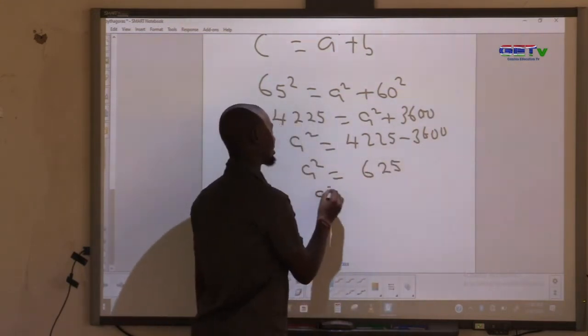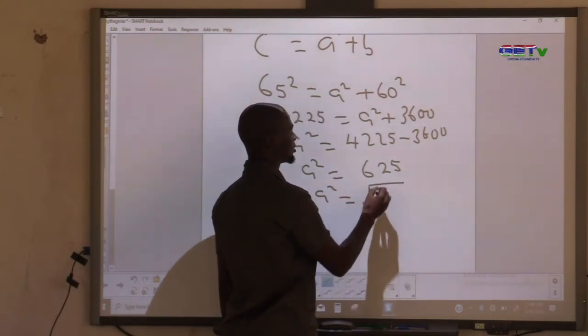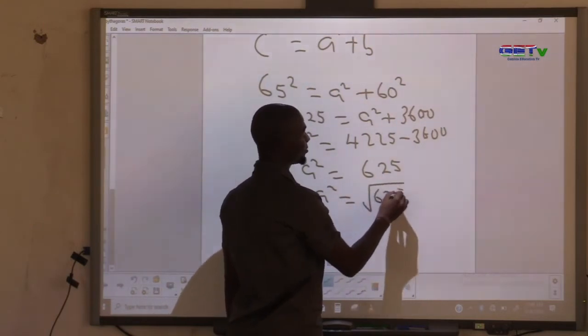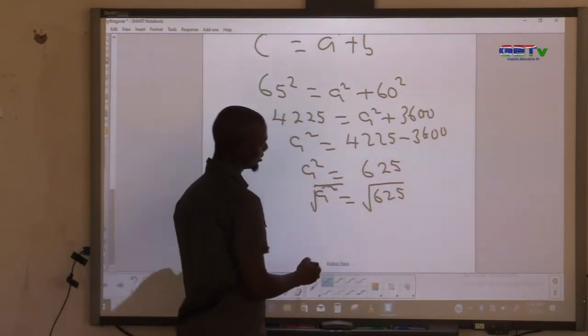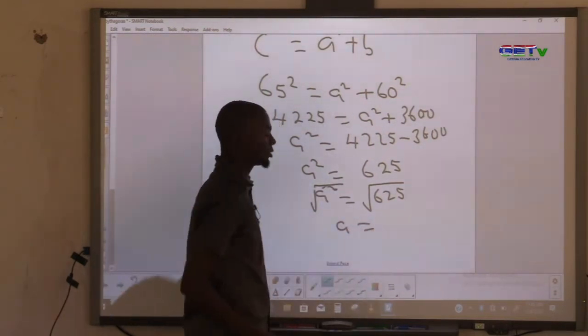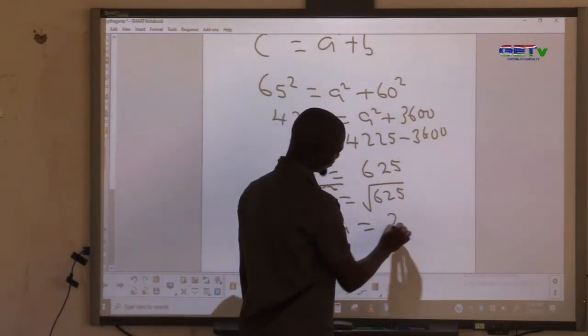So A square is equals to 625. We root this one also. So the square will cancel the square. A is equals to the root of 625, which is 25.